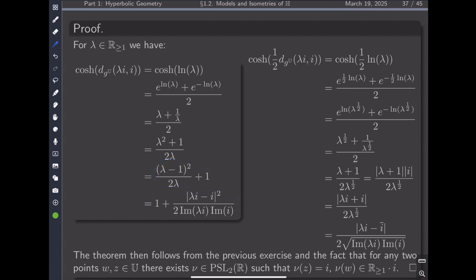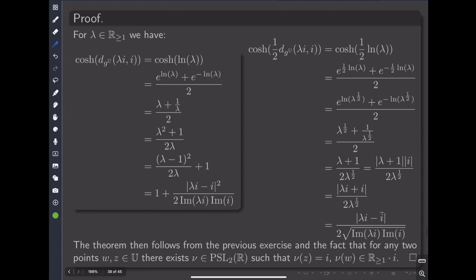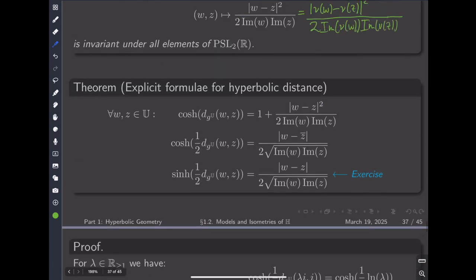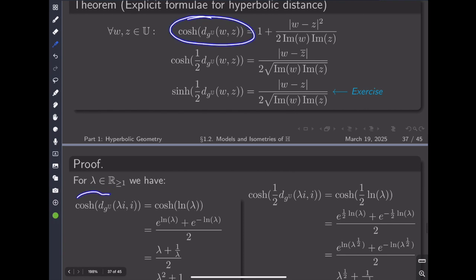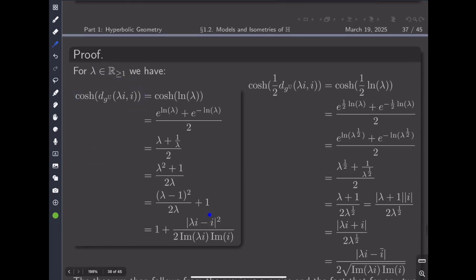Okay, so at least my proposed formula, which is that this cosine was equal to the corresponding thing, is true whenever I take I and some other point in the positive imaginary axis.